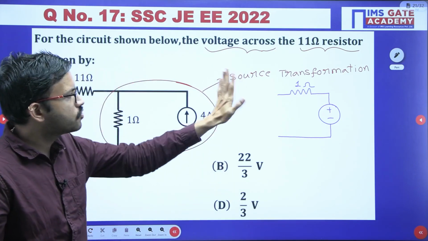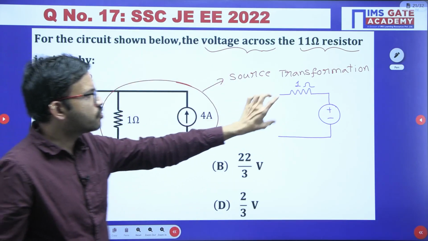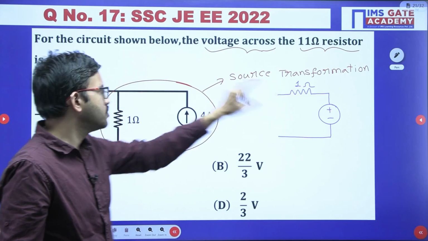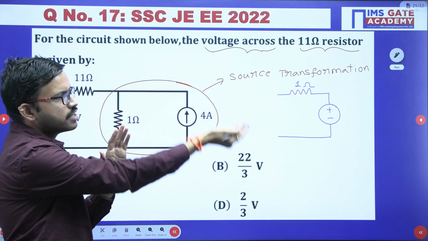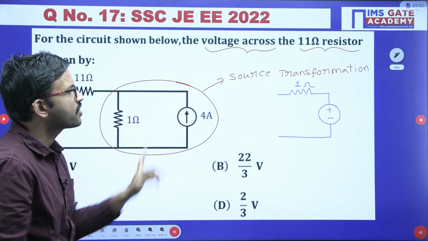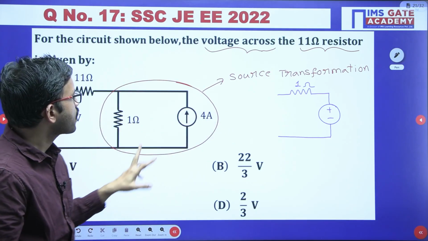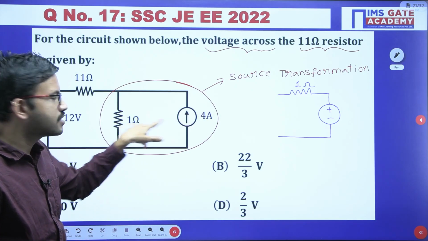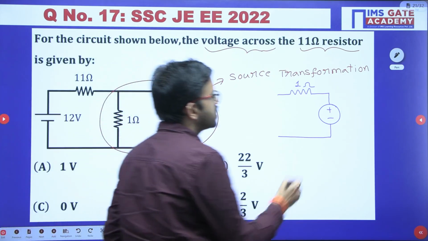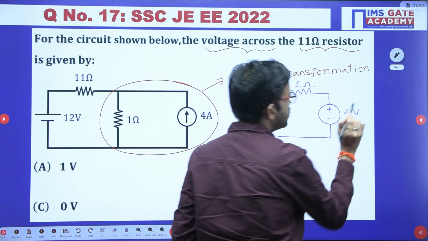You can replace this configuration with that configuration, and vice versa, using the source transformation technique. Coming to the voltage, with current and resistor, just multiply 4 into 1, that is 4 volts.